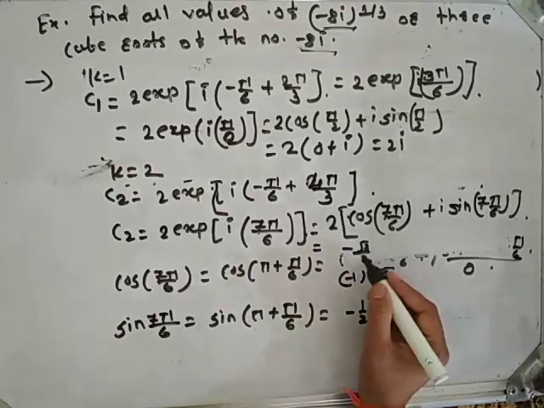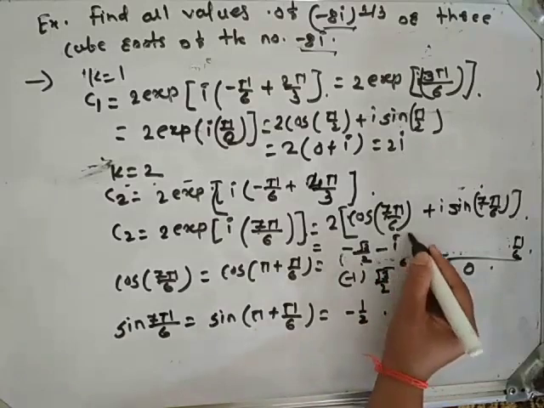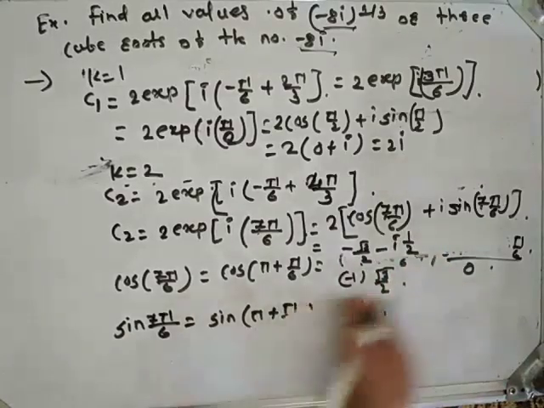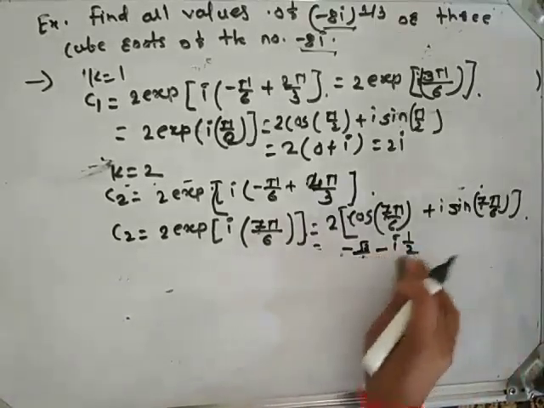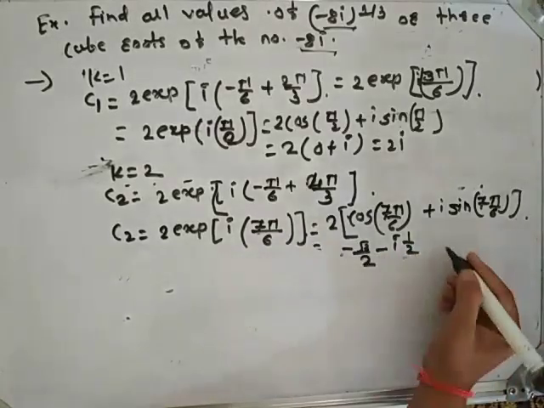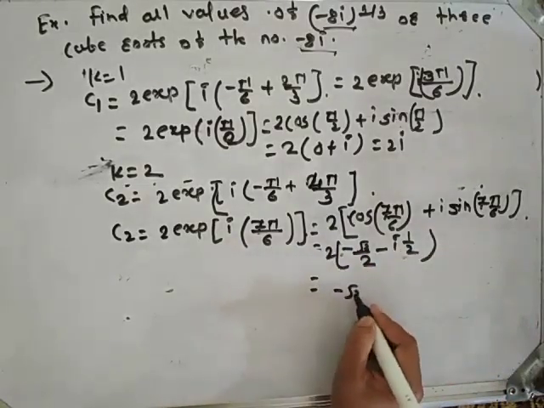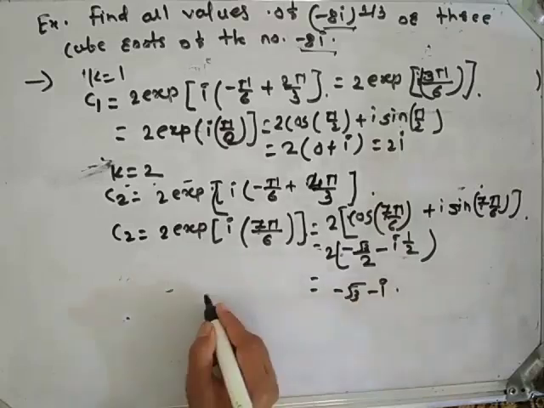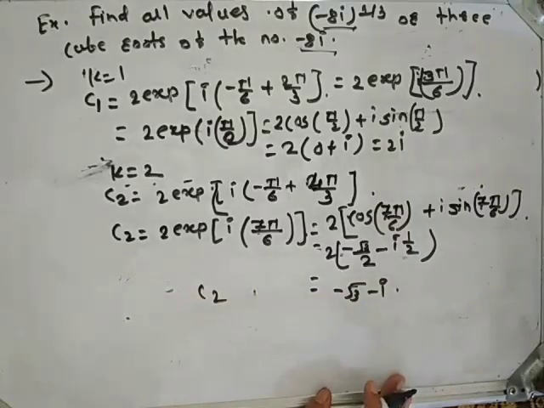So this is nothing but minus root of 3 upon 2 minus i into 1 upon 2. So we will get c2 equal to minus root of 3 minus i.